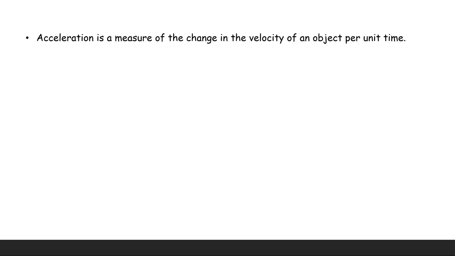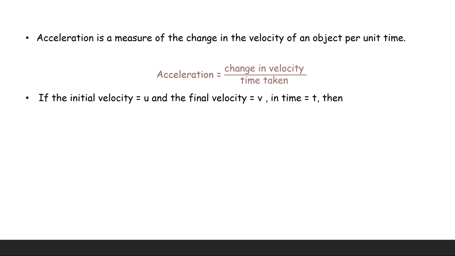So acceleration is nothing but a measure of the change in velocity of an object per unit time. It can be written as change in velocity by time taken. If the initial velocity is u and the final velocity is v, then in time t, acceleration a is written as v minus u by t. Also just remember this, the SI unit of acceleration is meter per second square.